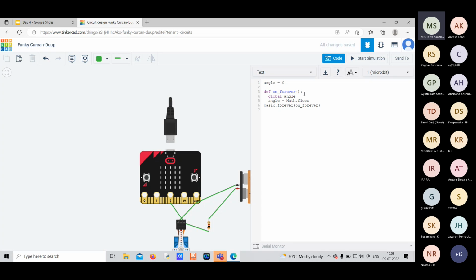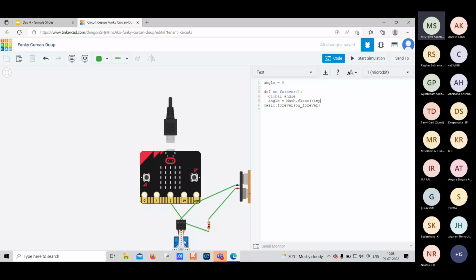Because we basically have 8 directions that can be shown by a compass, and when you mimic the same characteristic on your servo motor, you need to have only 8 direction-pointing values. So basically, we'll be using only 8 values. And how are you going to get those 8 values?